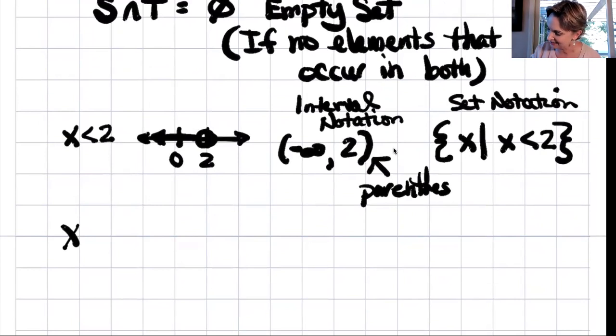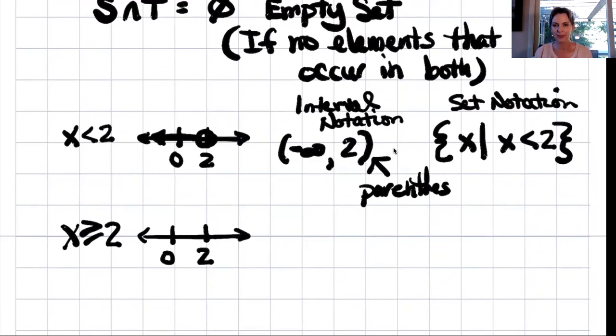Let's say x greater than or equal to 2. Okay, so it kind of helps to visualize that in the number line. Right, we have 0, we have 2. And again, if I'm going a little fast, just go ahead and pause, catch up a little bit, rewind if you have to.